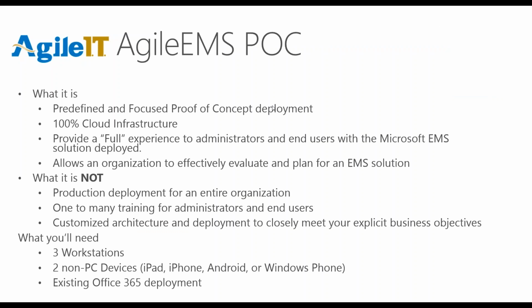So the next real task is, and if you've been on previous webinars we've talked about this before, a lot of the things that Ian went through is exactly what we go through in the POC, because most of the time you want to see these work for a few devices. So we really target 3 workstations and 2 non-PC devices.